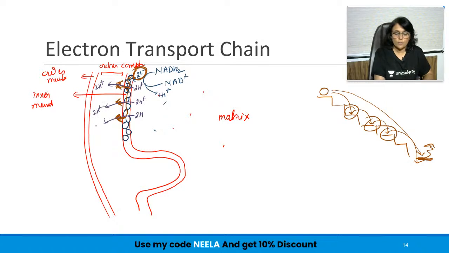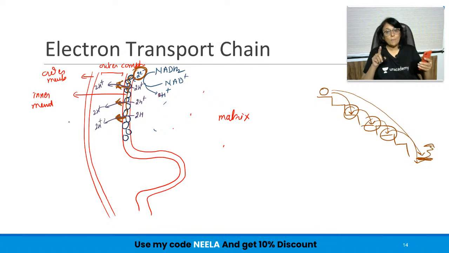Energy released, pair of protons pumped in. At 3 places energy will be released, and the energy released at every place is enough to pump a pair of protons. Sorry, this is a pair of protons and this is a pair of electrons. So at 3 places energy is released and 3 pairs of protons are sent from the matrix into the outer compartment.